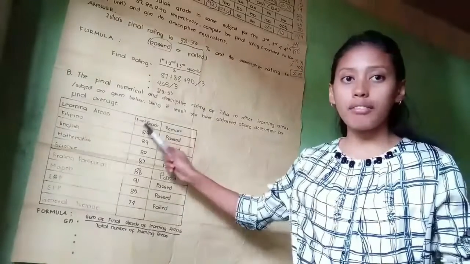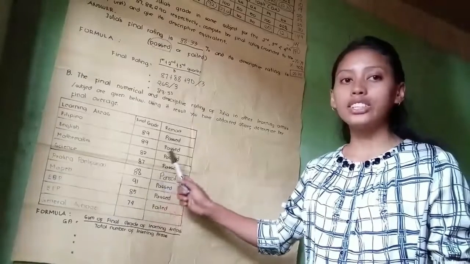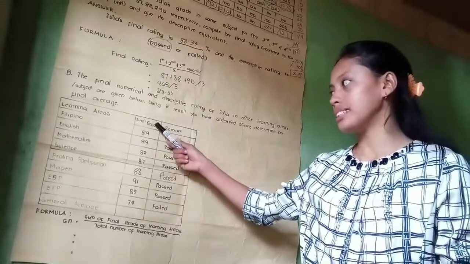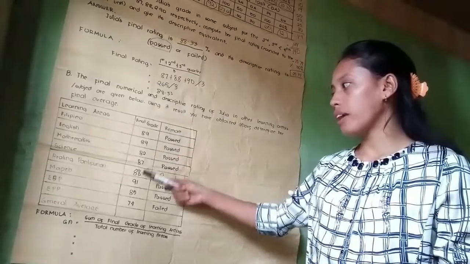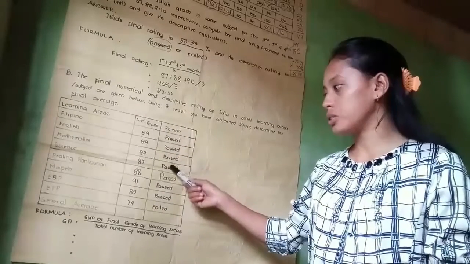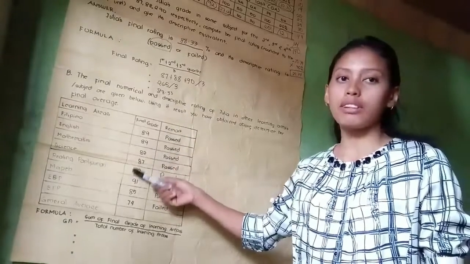To get the final general average, we will add the final grades, then divide by the total number of learning areas.